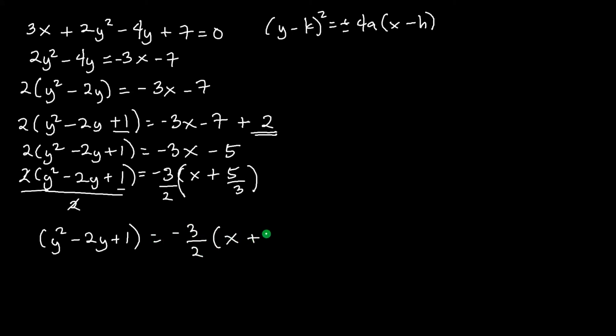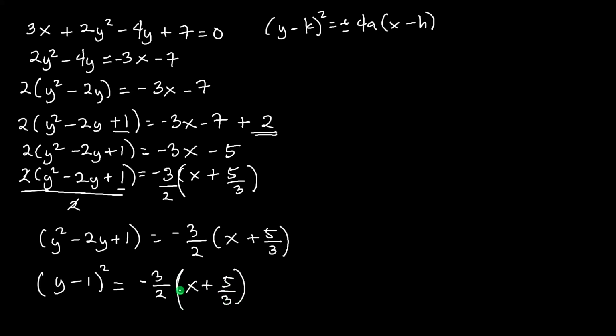Now, make this a square of a binomial: y minus 1 squared equals -3/2 times x plus 5/3. This is your standard form of the equation of this parabola.